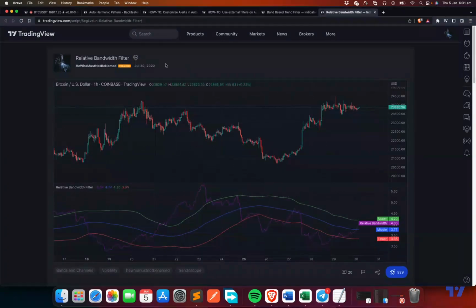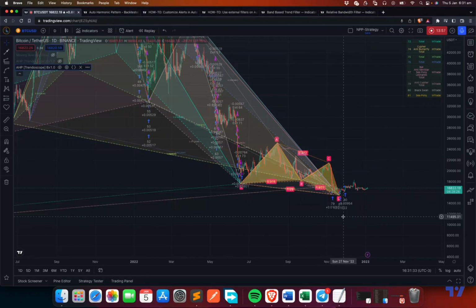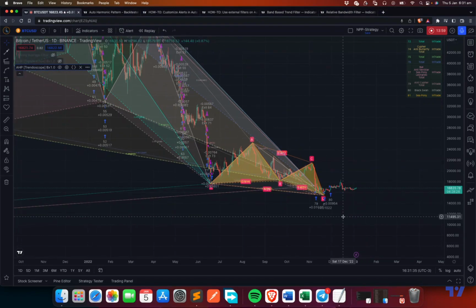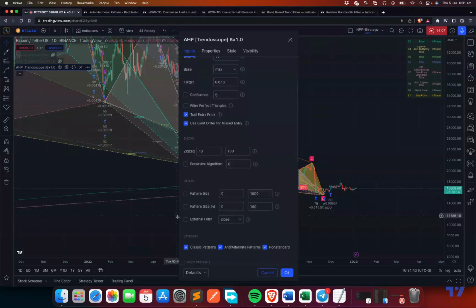Both of them can be used as filters. You can also build your own filter on top of that to define your trading zones and trading ideas, right?